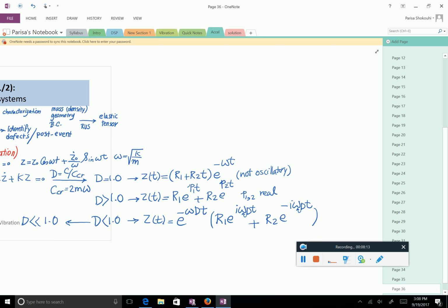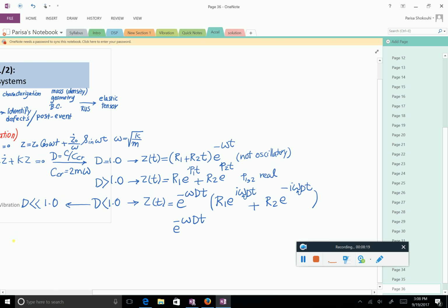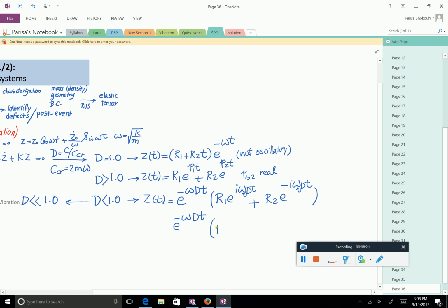This is oscillatory, as you can see, and sometimes we can look at it like this too. So here we can have, let's say, a cosine.